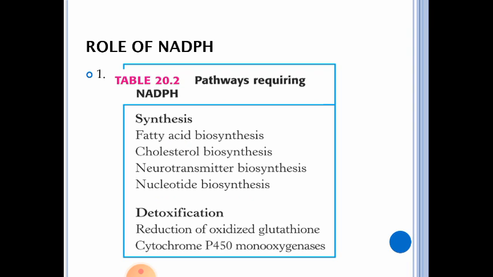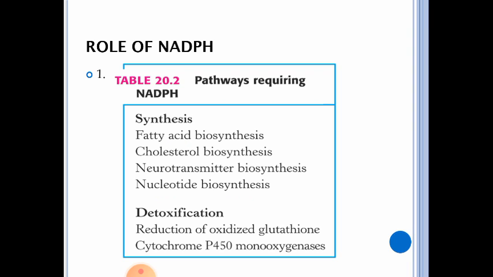As I said, free radicals are synthesized in our body during various metabolism, and these free radicals are toxic for the cells. Normally functioning cells will be harmed, so there is a requirement for removal of these free radicals, which is done with the help of cytochrome P450 and glutathione. These enzymes help in the removal of free radicals, which is again dependent upon NADPH.